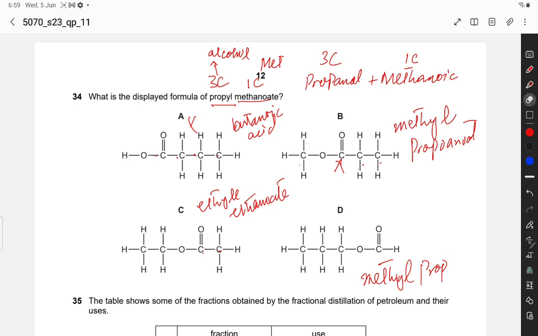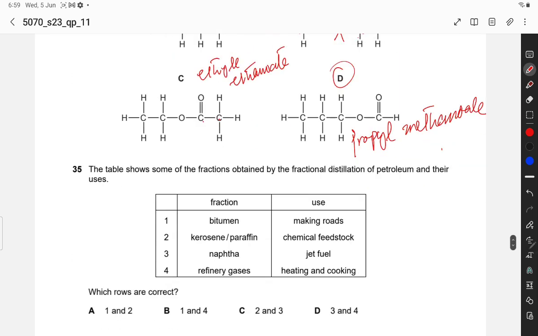Sorry, this is propyl methanoate. So D option is the correct option.